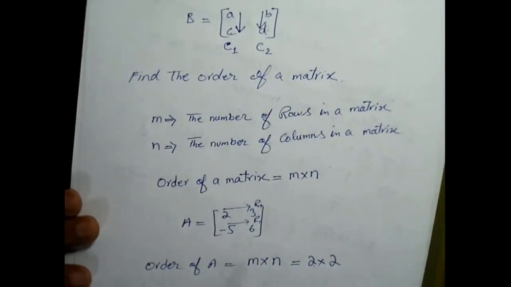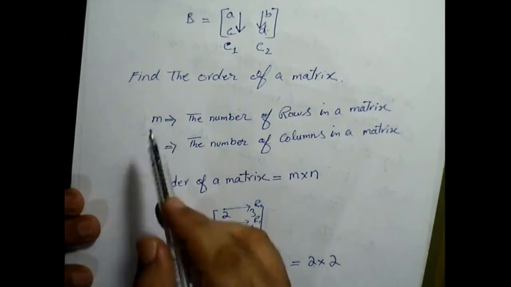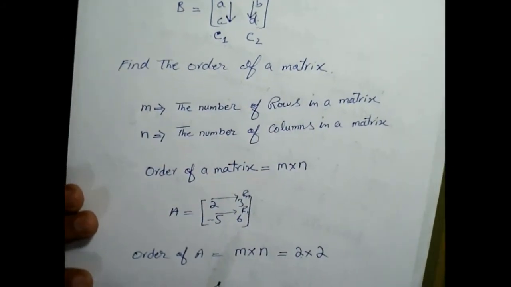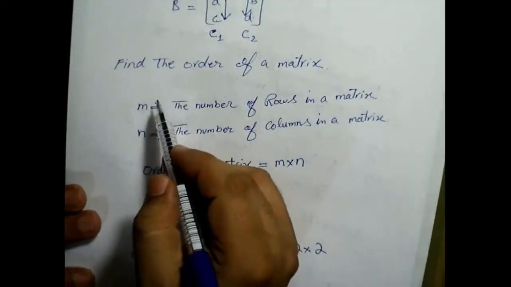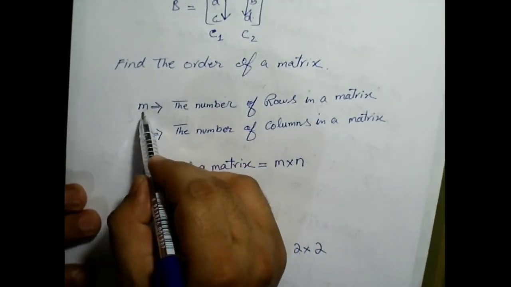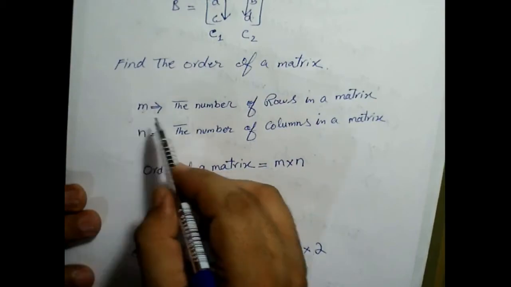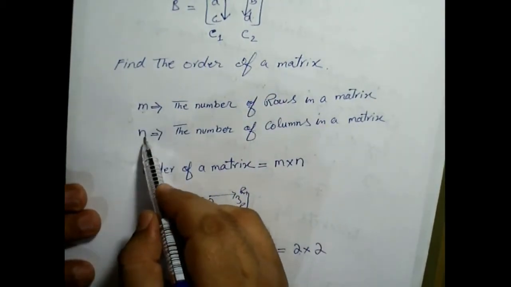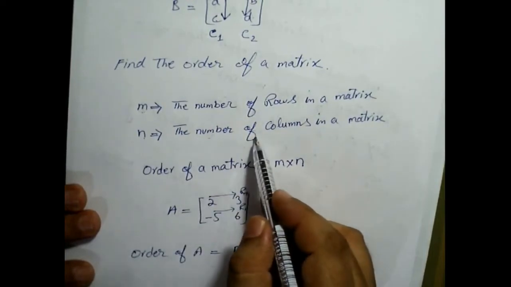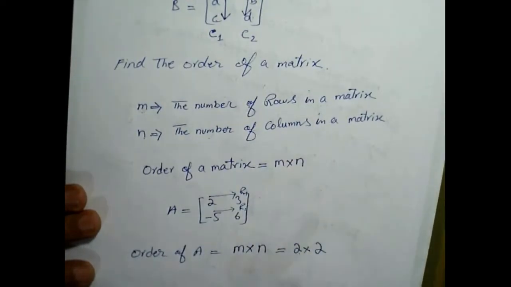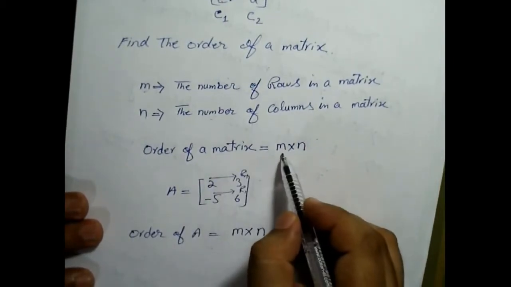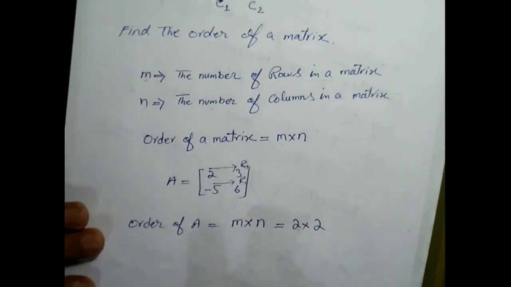Now you will find the question sometimes written as: find the order of a matrix. Let us say that m represents the number of rows in a matrix, and n is the number of columns in a matrix. So now the order will be denoted by m cross n.